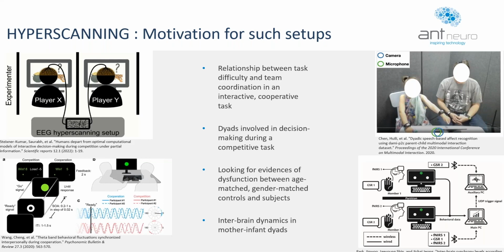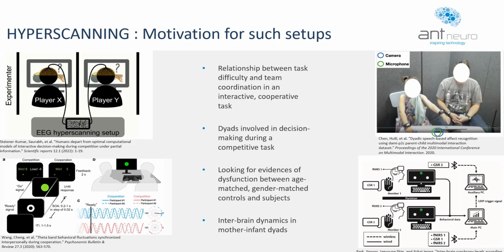When it comes to dyads, it would give you an idea of decision making that is employed during a competitive or cooperative task. This is also very helpful in the clinical realm, where, for example, age-matched, gender-matched controls and subjects can be looked into, and how there are deviations between a control population and the actual subjects.